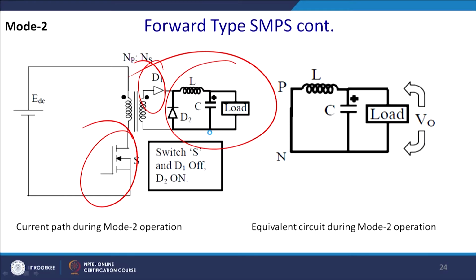Since there is no extra voltage across it, it is just blocking the voltage VDC, not the voltage VDC plus NP by NS into V0. So, stress across the switch got reduced, but resetting the winding has to be ensured by a smaller duty cycle, and thus the power rating of the devices becomes lower.